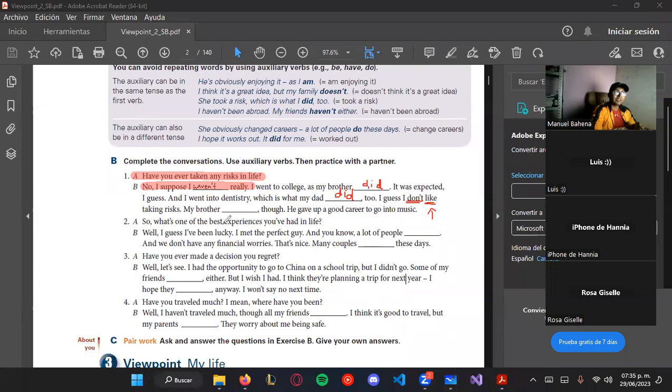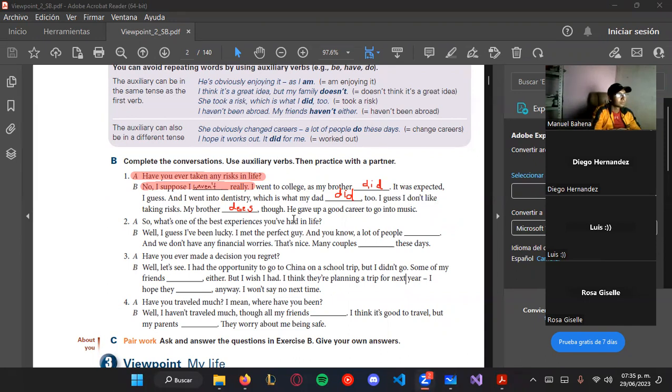My brother does, though. A mi hermano sí. My brother does, though. Mi hermano sí. He gave up a good career to go into music. What does that mean, Rosa? He gave up a good career to go into music.